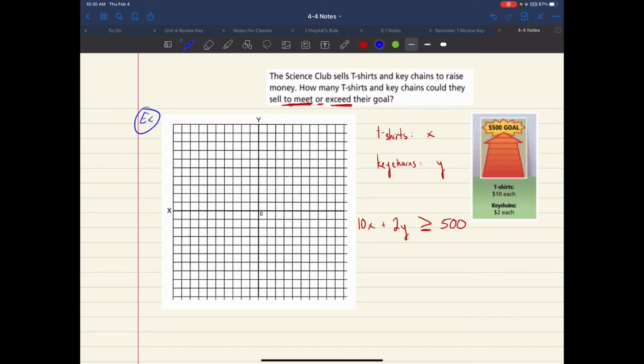We're going to rearrange this one. So we subtract 10x. We're solving for y first so we can graph it easily. So 2y is greater than or equal to negative 10x plus 500. And then we divide everything by 2. So we get y is greater than or equal to negative 5x plus 250.